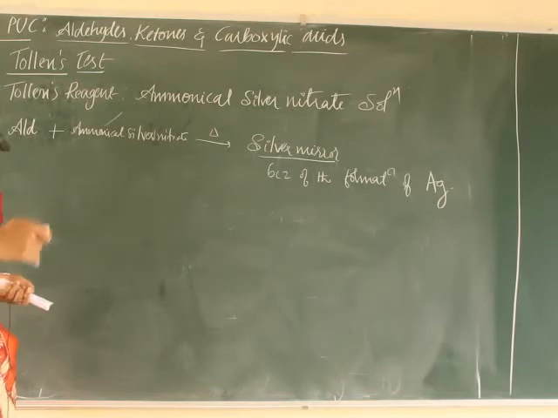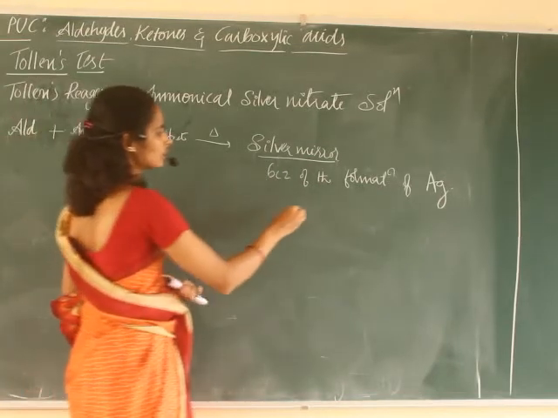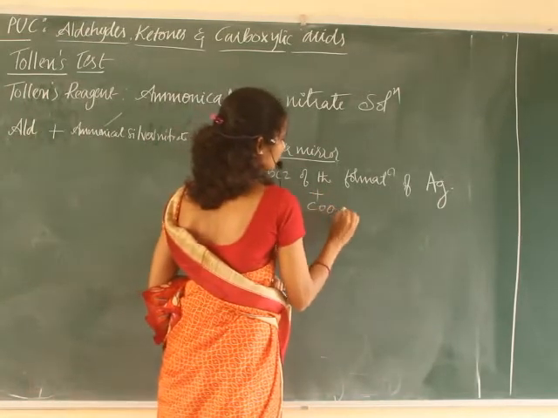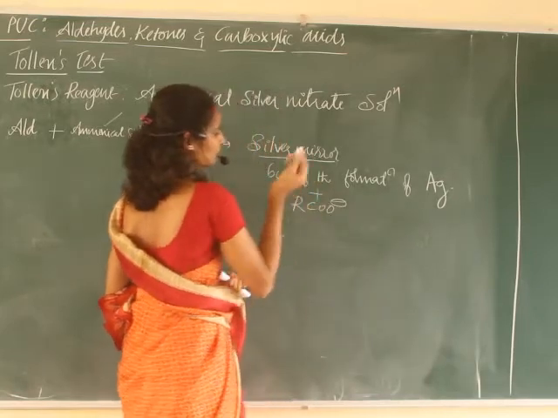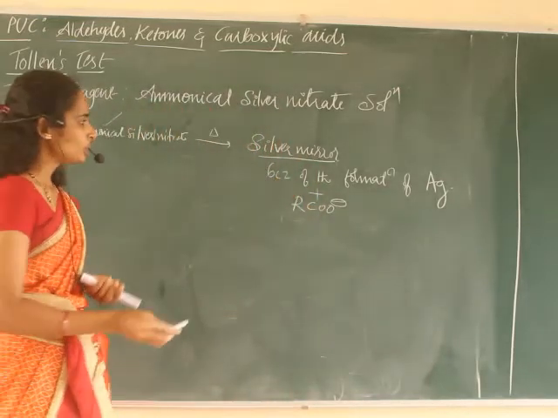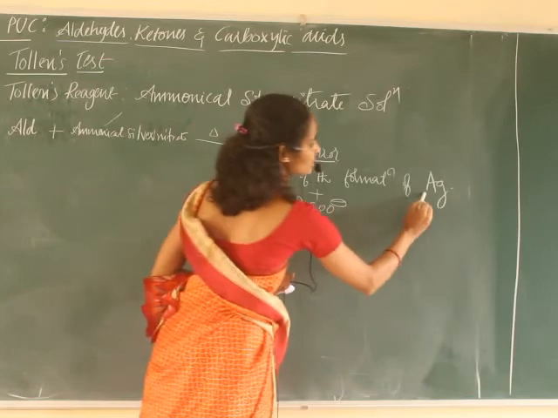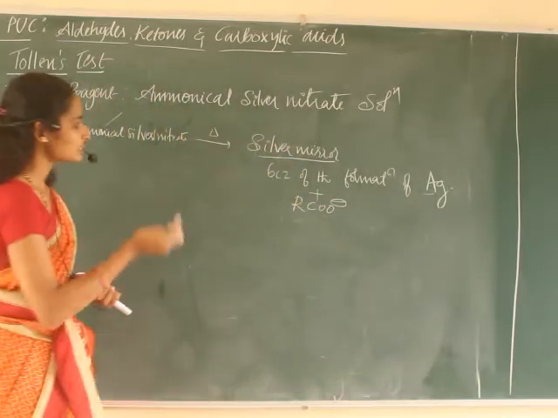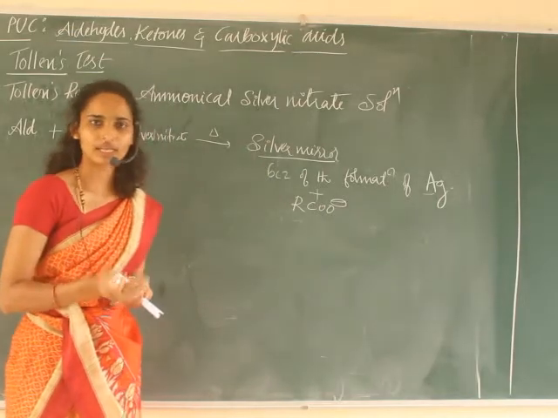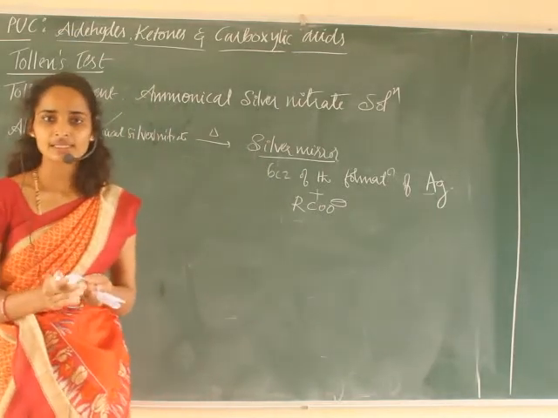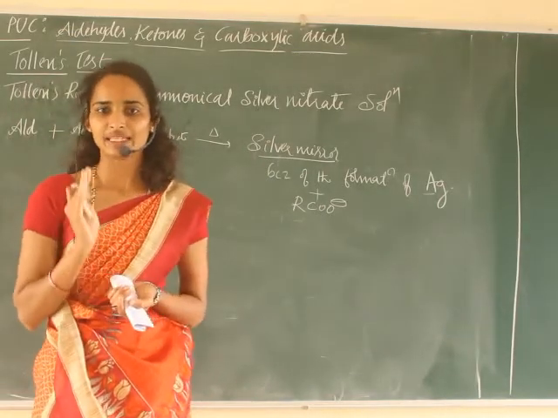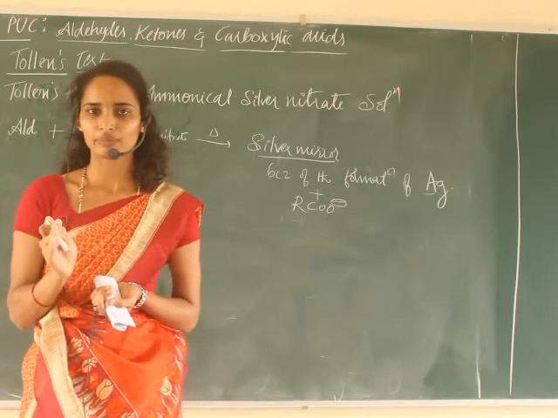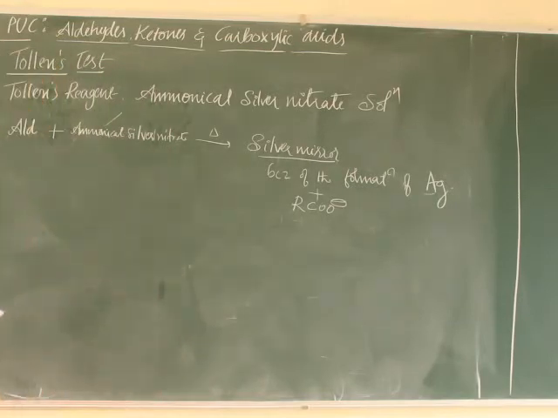So we will get silver metal along with the carboxylate ion. Due to the formation of silver metal, we observe a silver mirror. This formation of a silver mirror indicates the presence of the aldehyde group in an organic compound. Remember, okay? Clear it is.